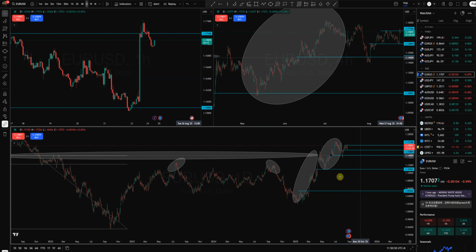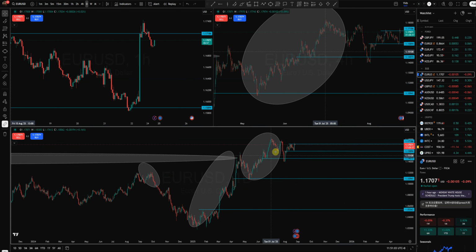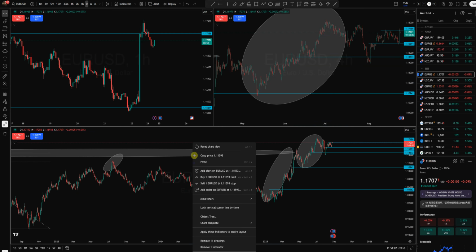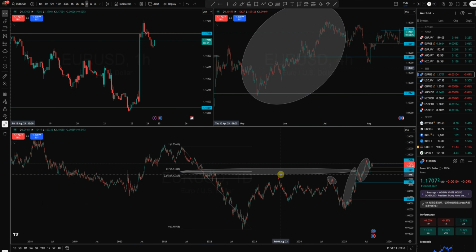Now we know it's an uptrend, so we'll put all the perspective more to the upside. Now let me delete all the circles here. There's too many of them, making the chart too messy.